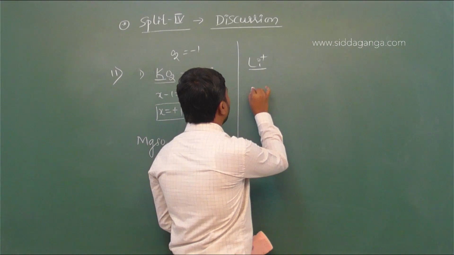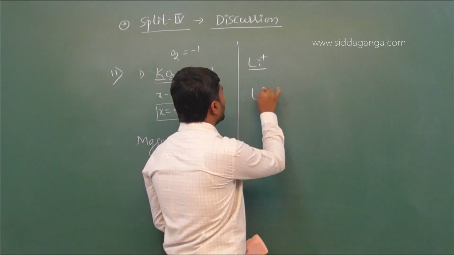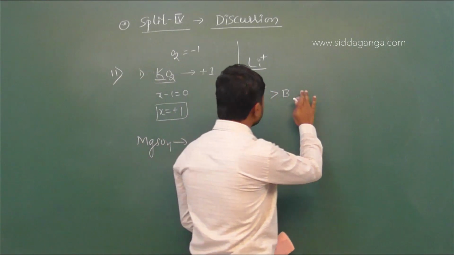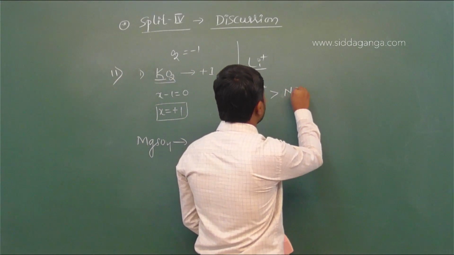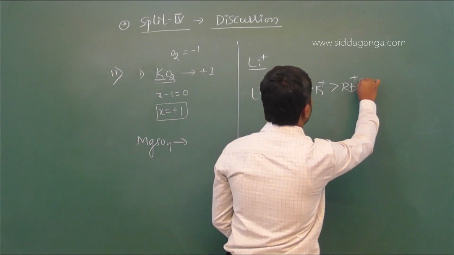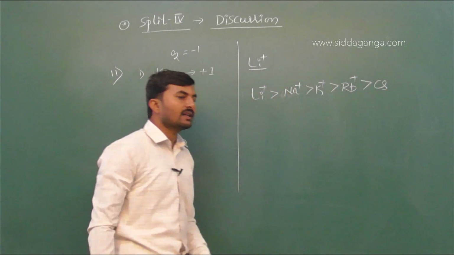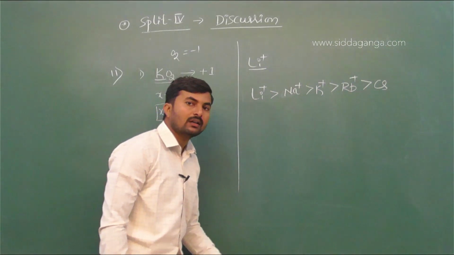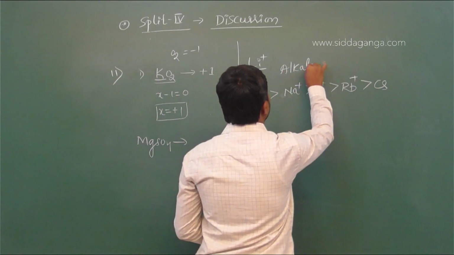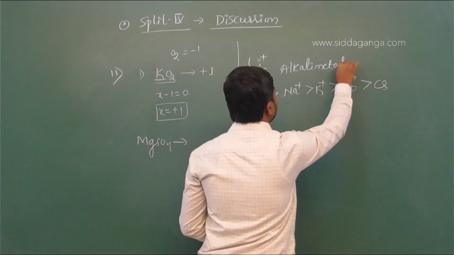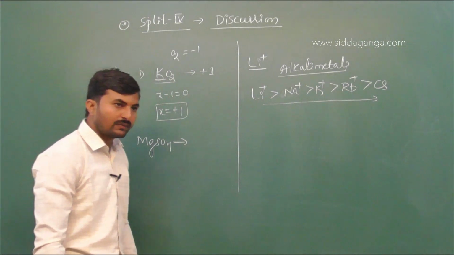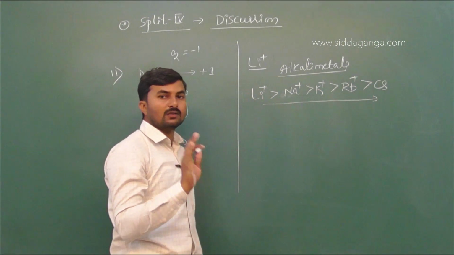But being a smaller atomic radius, lithium, sodium, potassium, rubidium and cesium, this is the hydration tendency or degree of hydration for alkali metals. With an increase in the size of the ion, hydration enthalpy is going to decrease.